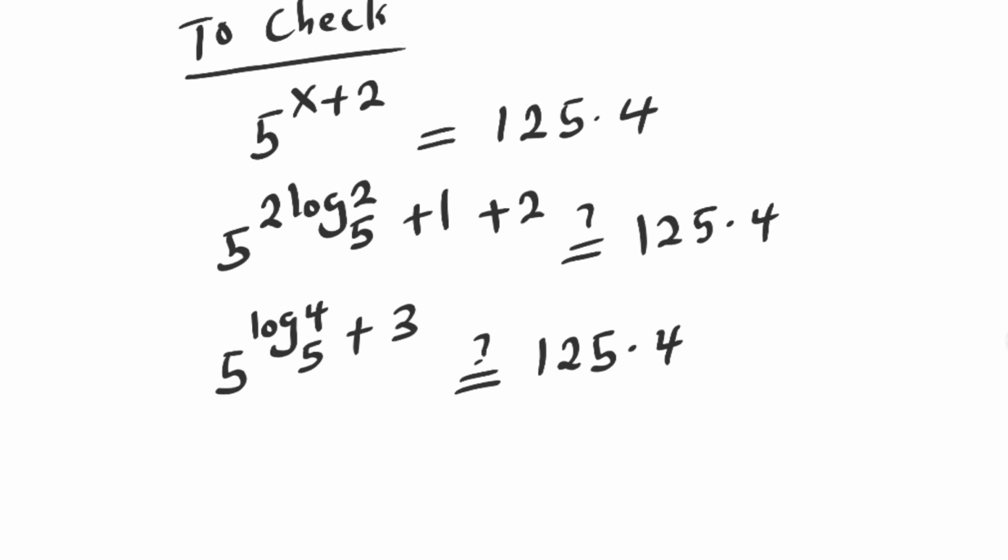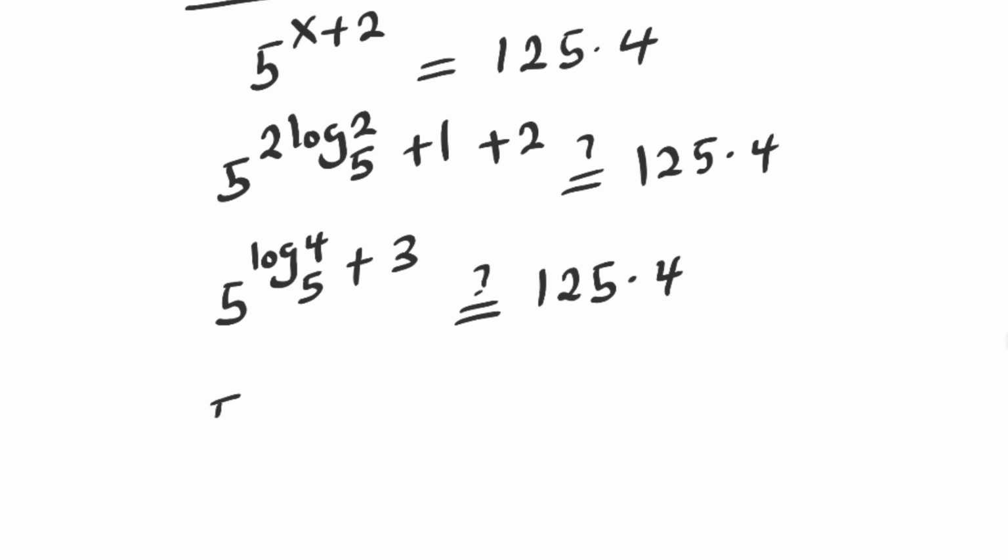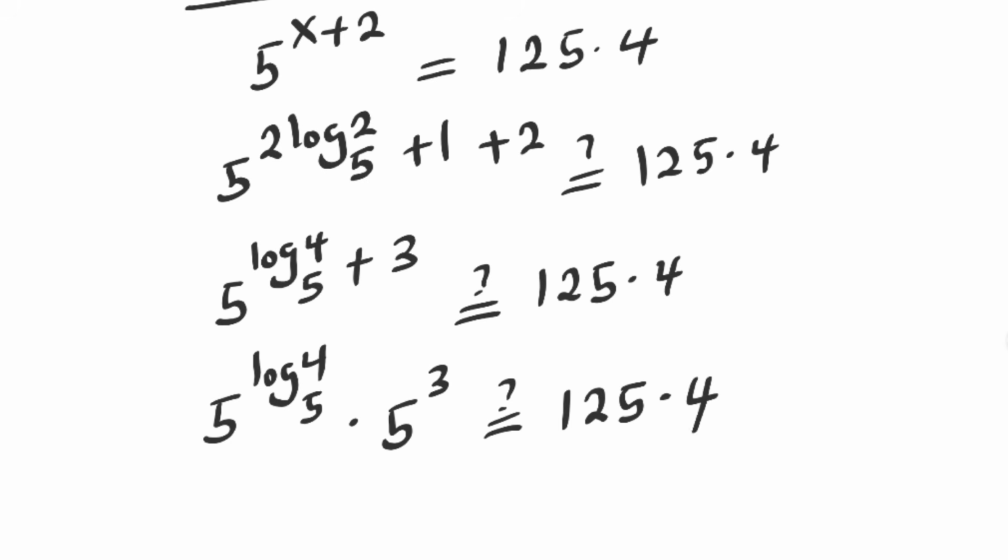multiplied by 4. Then this is 5 raised to power log 4 base 5 multiplied by 5 raised to power 3 must be equal to 125 multiplied by 4. If you have a raised to power log b base a, this is equal to b.